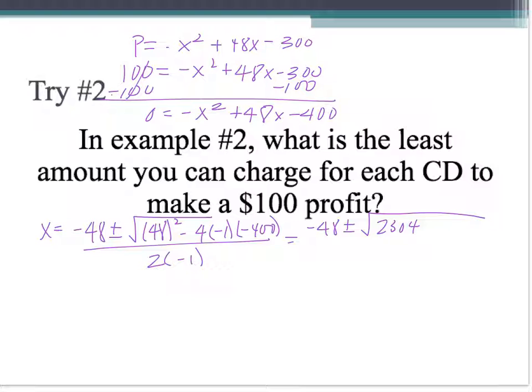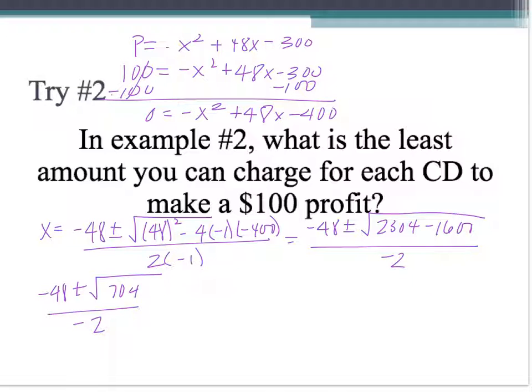And then that becomes positive 4 times negative 400, so that's negative 1,600, over negative 2. So if I keep going, that's negative 48 plus or minus the square root of 2,304 minus 1,600, which gives you 704, over negative 2.